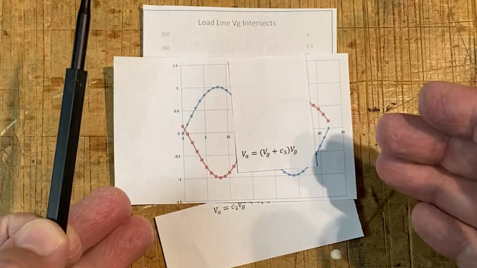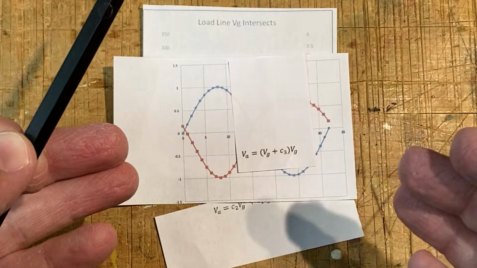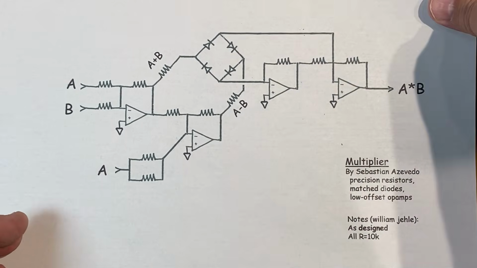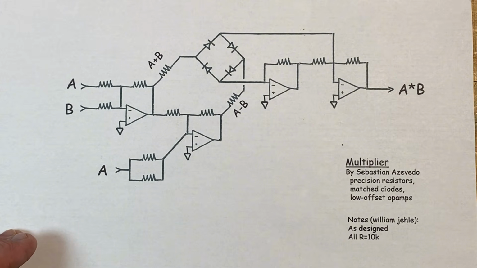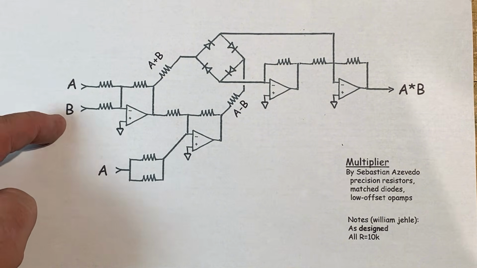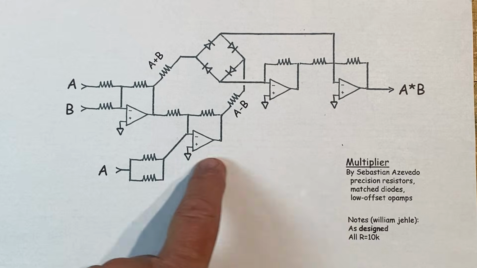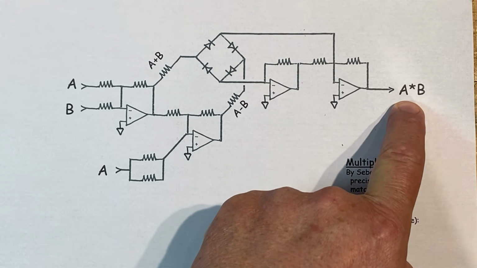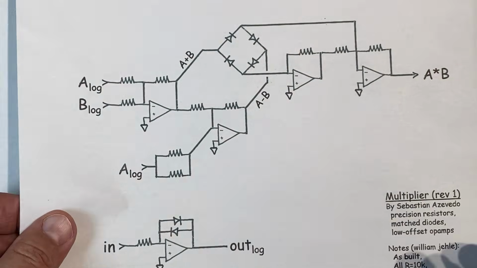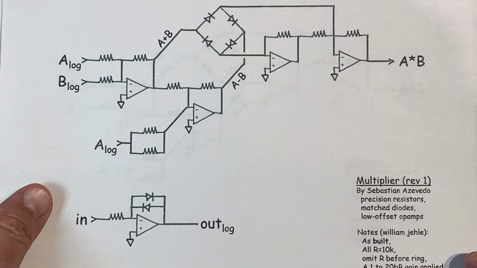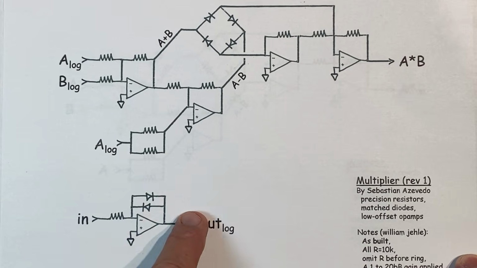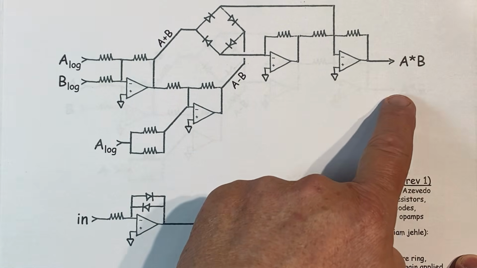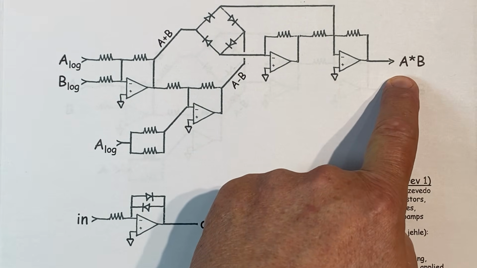So now, how does that translate into a schematic? Our original ring modulator schematic took two signals and through this processing resulted in a product of the two input signals. Now we made some changes to it and we put in these log amplifiers on the input, and that led to a better output.